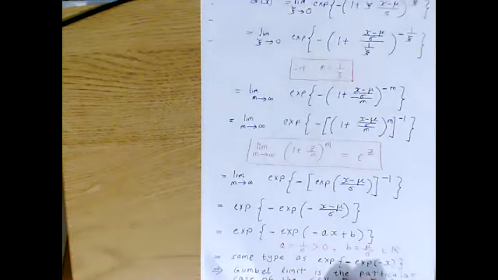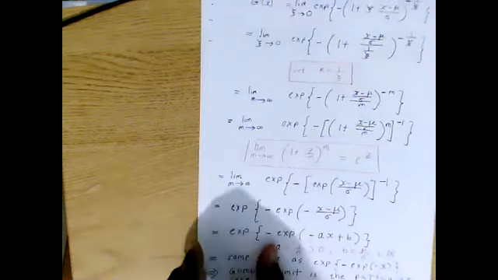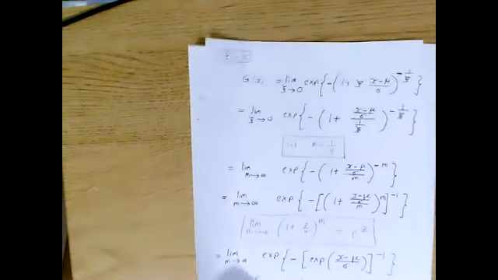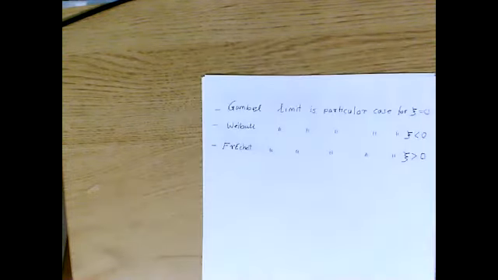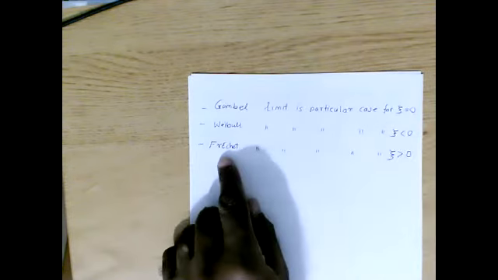So basically the three limits, the Gumbel, the Frechet, and the Weibull are contained as particular cases of the GEV, right? So that's the summary of the three statements I just mentioned. Gumbel is the particular case when psi equals 0, Weibull when psi is negative, Frechet when psi is positive, right?